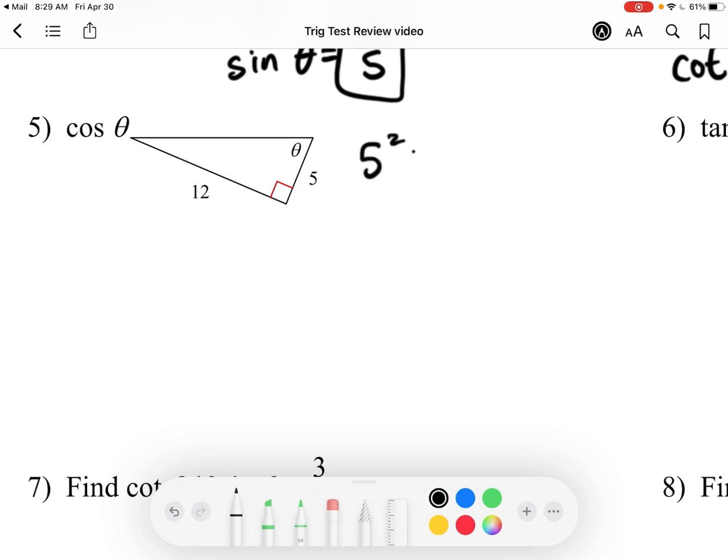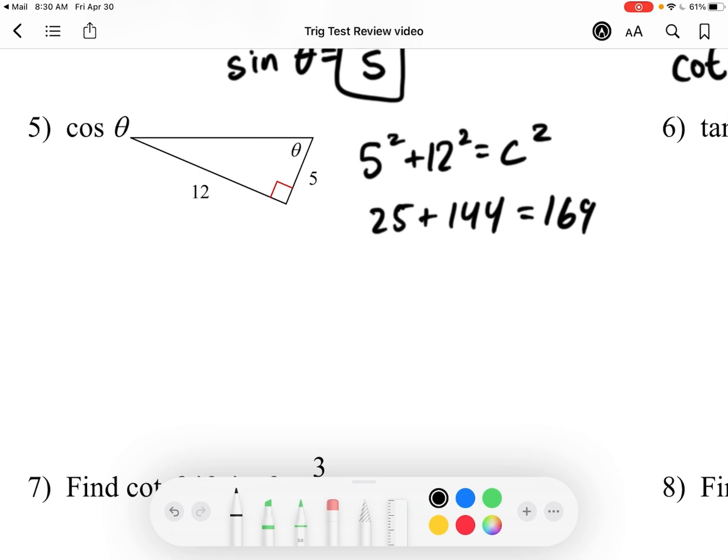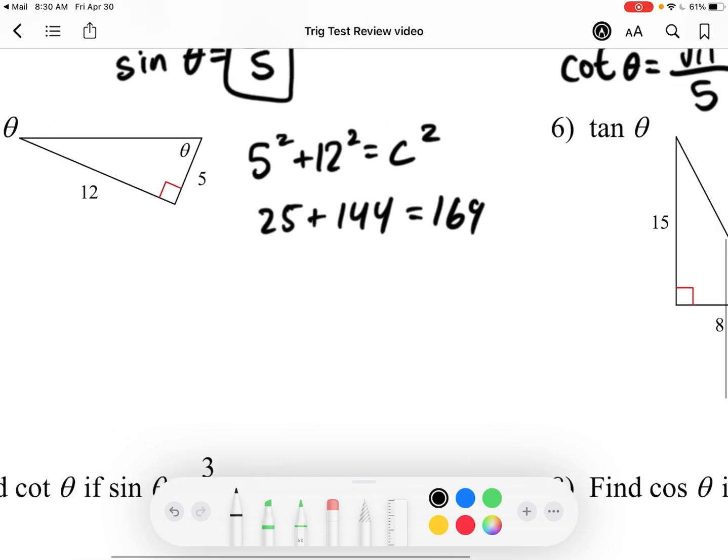So 5 squared plus 12 squared is equal to c squared, right? So 5 squared is 25, and 12 squared is 144. So 25 plus 144 gives us 169. Oh, whoops, sorry.